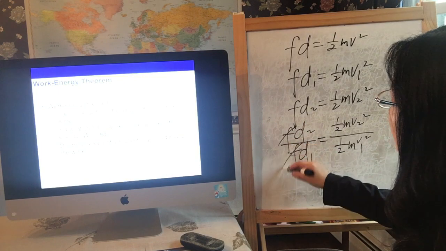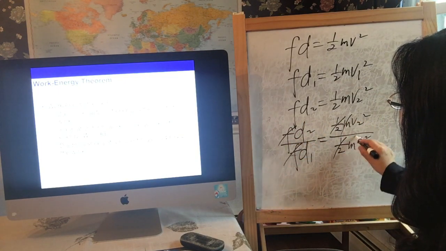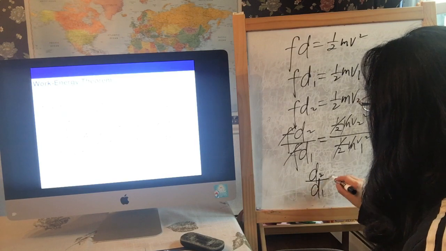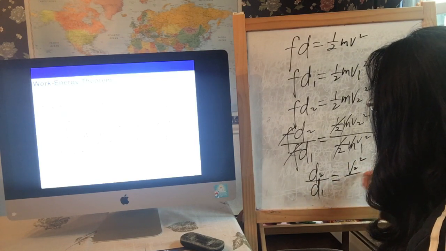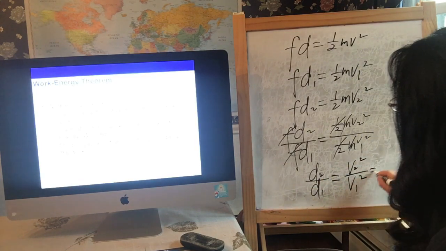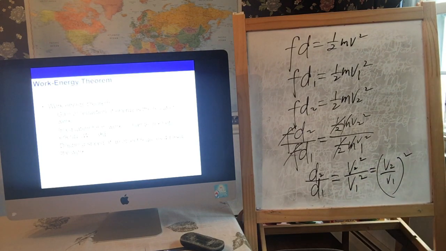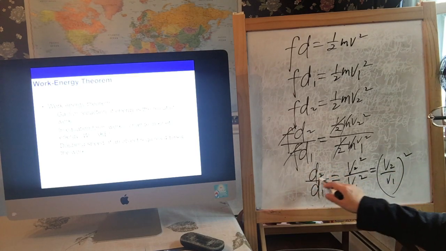Then you can cancel these common things. What we have now is d2 over d1 equals v2 squared divided by v1 squared. And this can be represented mathematically like this. Now, if you look at these, we are looking for d2.